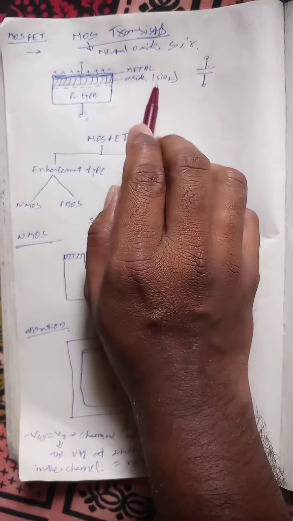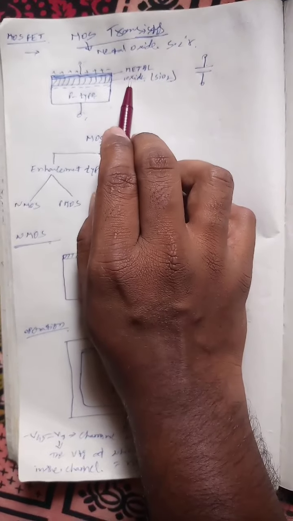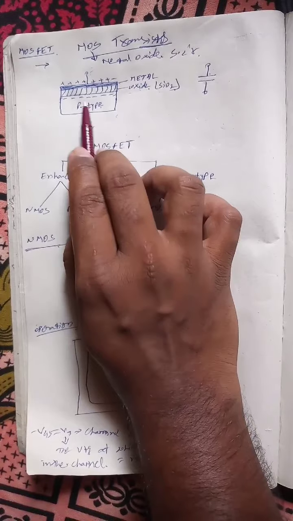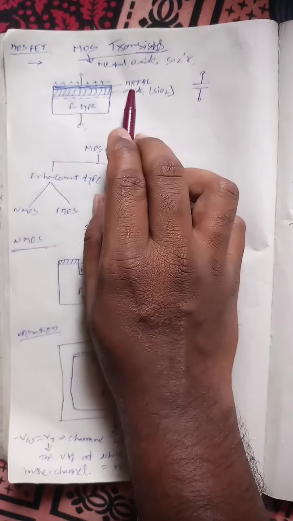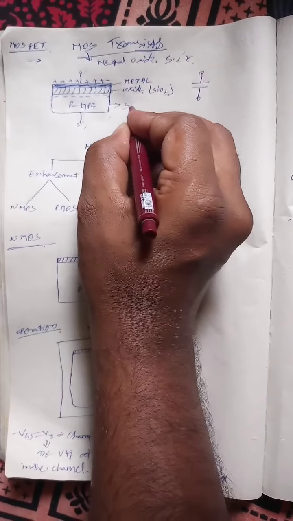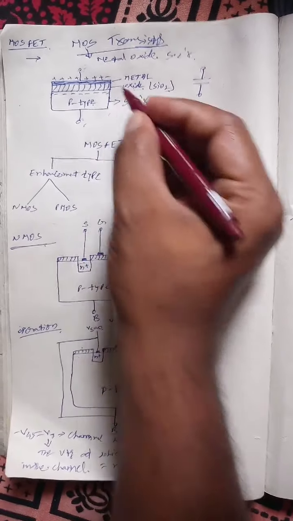This oxide is called silicon dioxide. The semiconductor part is made up of p-type material. Totally, it is called a metal oxide semiconductor device.